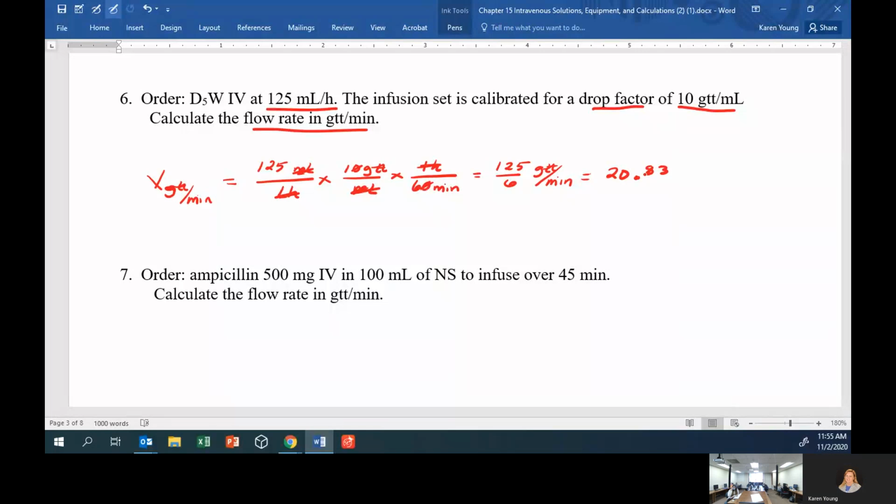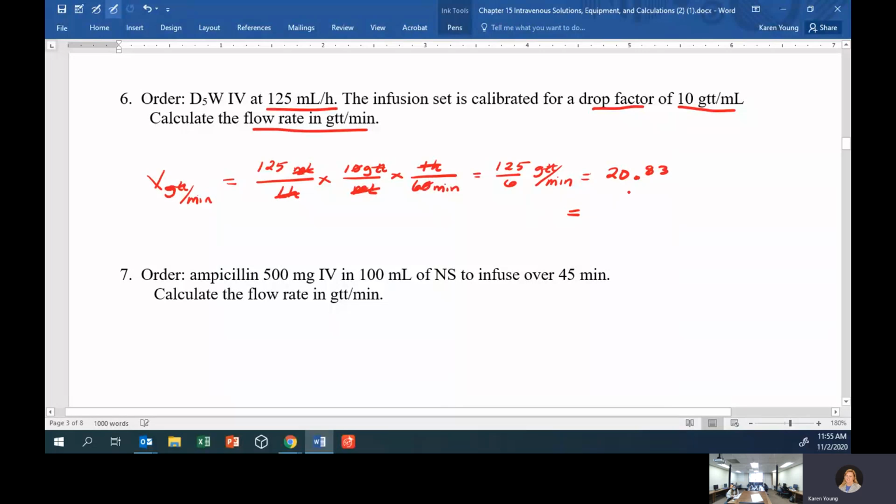Now think about a drop of water or a raindrop. Can you count a partial drop? Have you ever seen a partial drop? You've got smaller drops and larger drops, but I've never seen half of a drop. I've never seen 8/10 of a drop. The point I'm trying to make is that when you're doing drops, they're whole numbers.